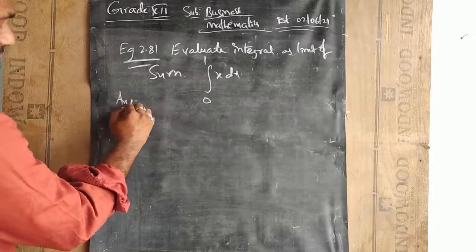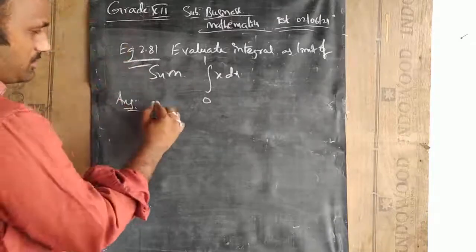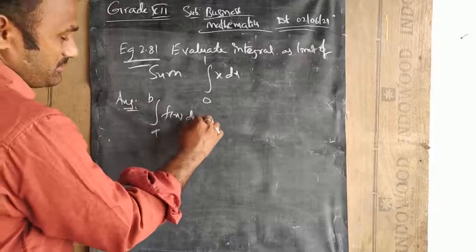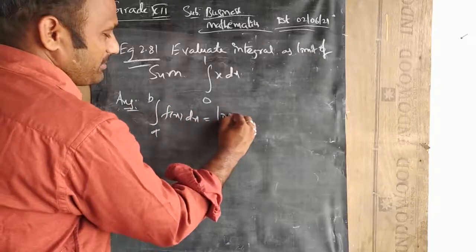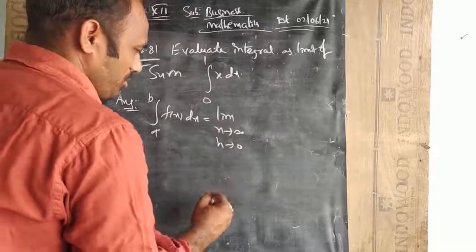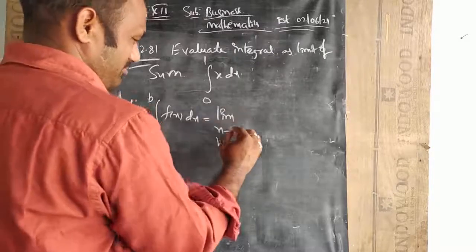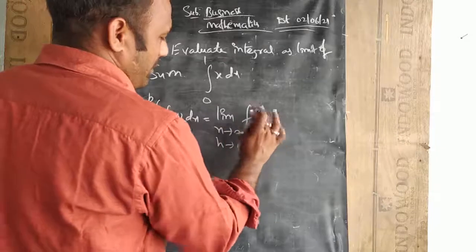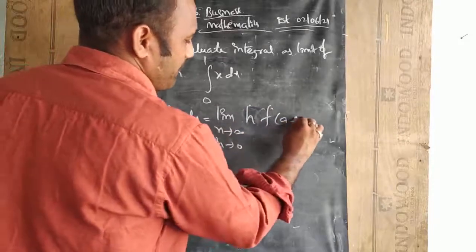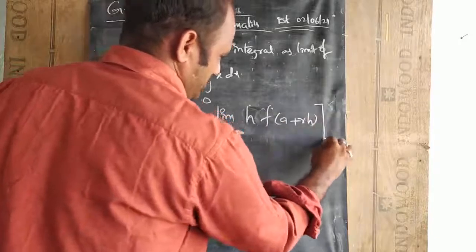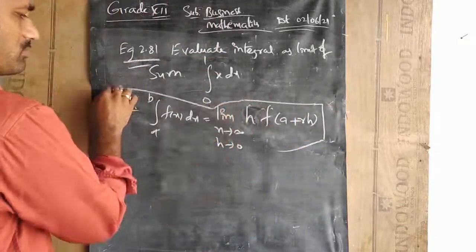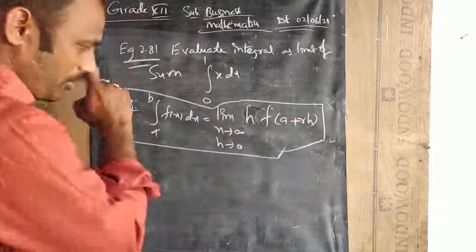Let us write it first. Integral a to b f of x dx is the limit as n tends to infinity and h tends to 0 of h into the summation of f of a plus rh. This is the formula we are going to use.